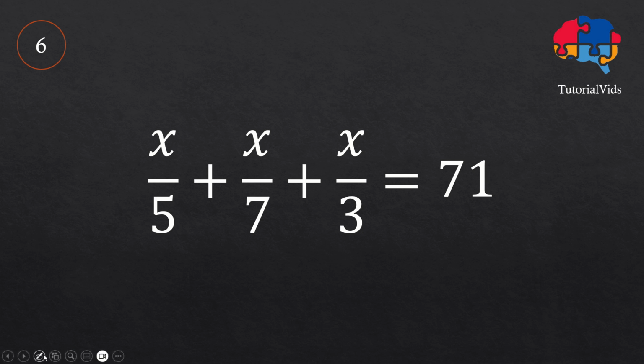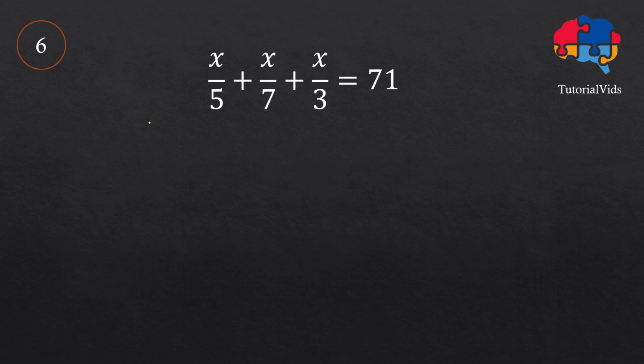Here I want to solve this for x, but this time all the denominators here are prime numbers. We know that the first step to solve this for x is to get rid of the fractions, and for that we need to calculate the least common denominator of 3, 5, and 7.